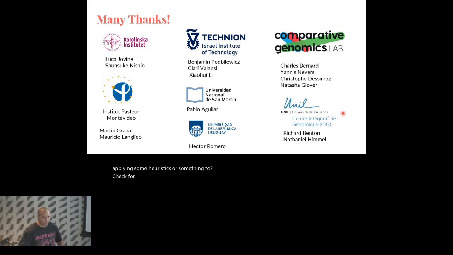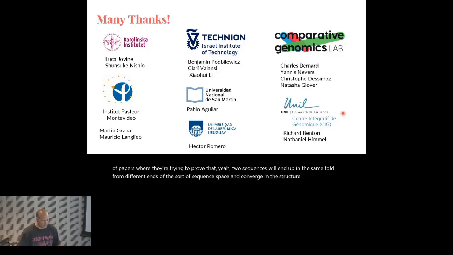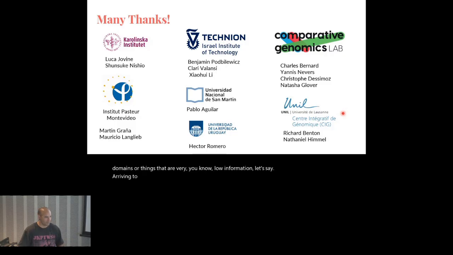So when we're looking for convergent evolution, I've seen a lot of papers where they're trying to prove that two sequences will end up in the same fold from different ends of sequence space and converge in structure space. You typically see that in just a few pathological edge cases, like coiled-coil domains, or things that are very low information. Arriving at that randomly is something that people have yet to prove.